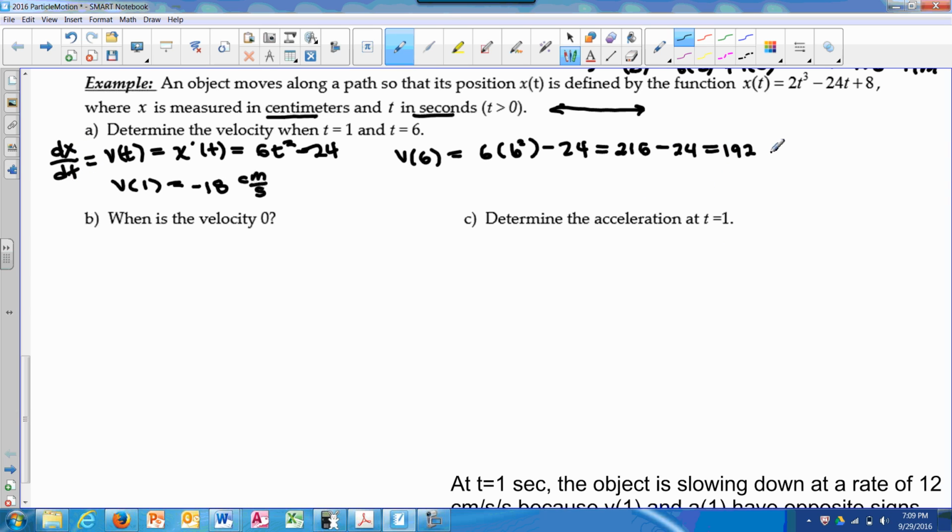That means 5 cubed is 125, 6 times 25 is 150, and 9 times 5 is 45. So overall, we end up with a positive 20. Since this is position, it would be measured in meters.